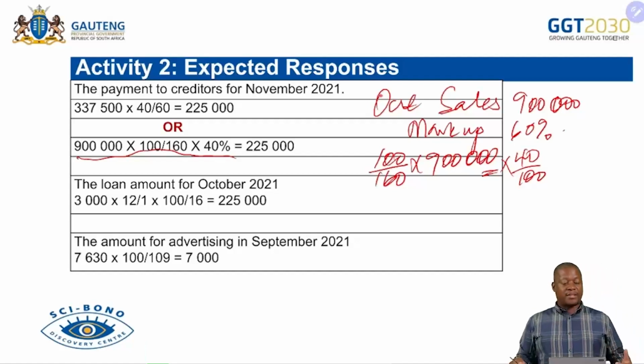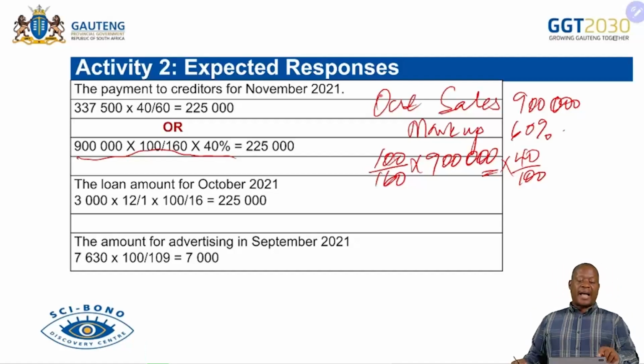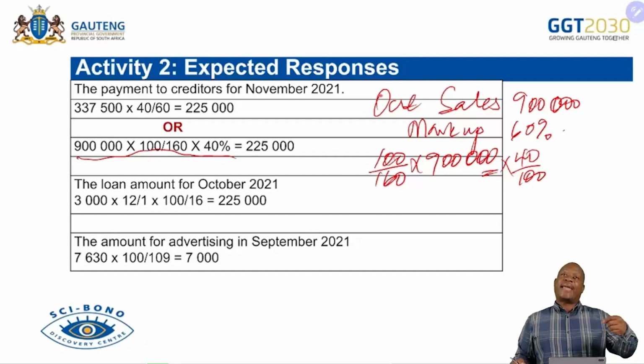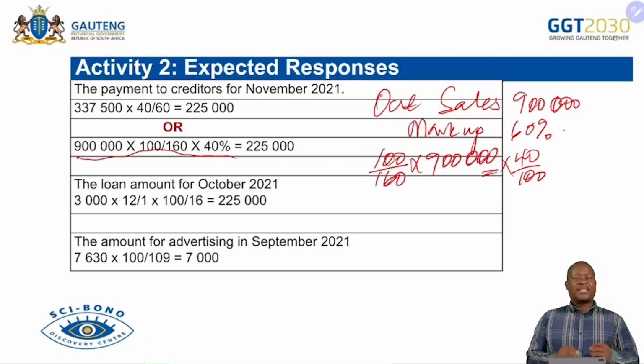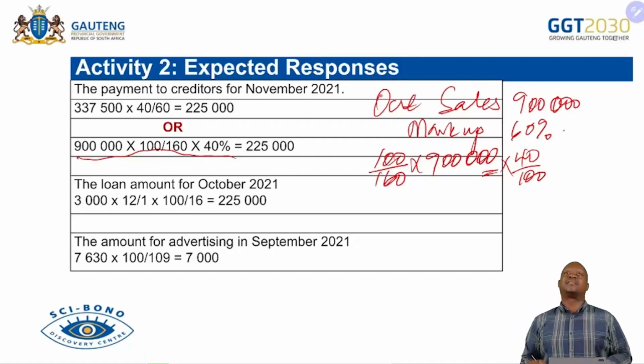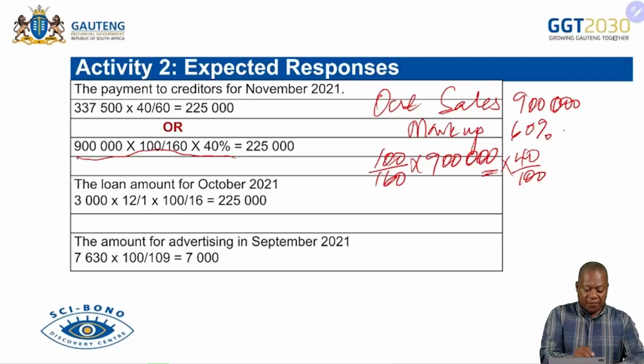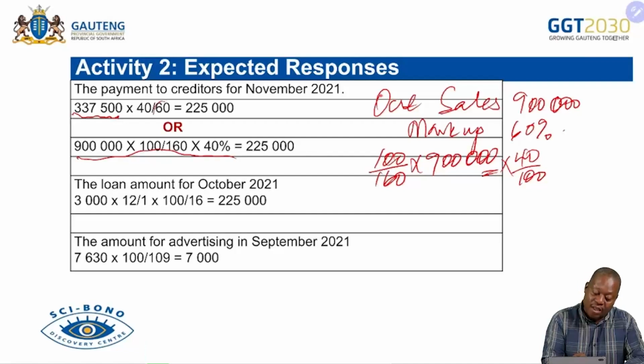In other words, we could have done it using our cash purchases, which are also indicated, and we know what percentage the cash purchases are. So if we take the cash purchases indicated here, this is our 60%, because cash is 60%.